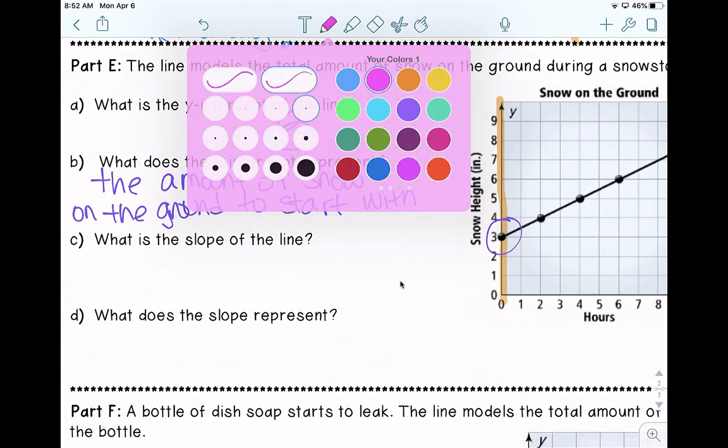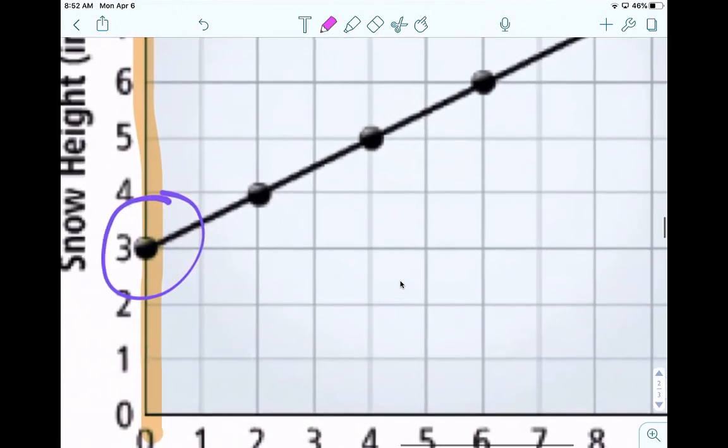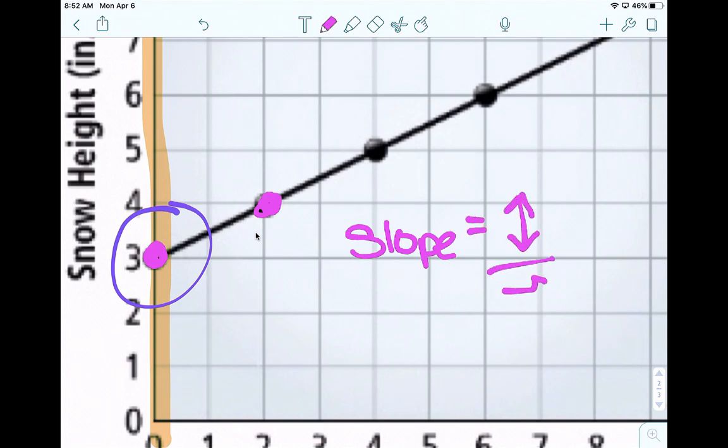Now, the slope of this graph. We have multiple points. So I'm just going to start at my y-intercept, and I'm going to go to the very next point. Quick refresher: slope is change in y over change in x, so rise over run, and you always go from left to right.